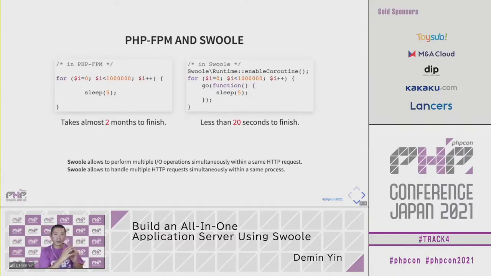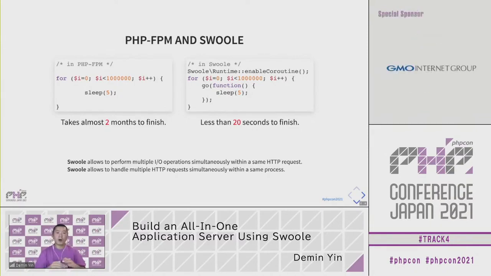Other HTTP requests have to wait until the current request is processed. But Swoole allows handling multiple HTTP requests simultaneously within the same process. So that's why Swoole is a better choice for dealing with heavy I/O operations.